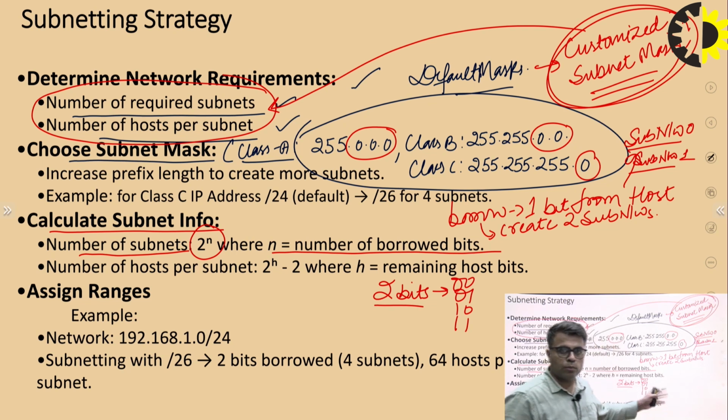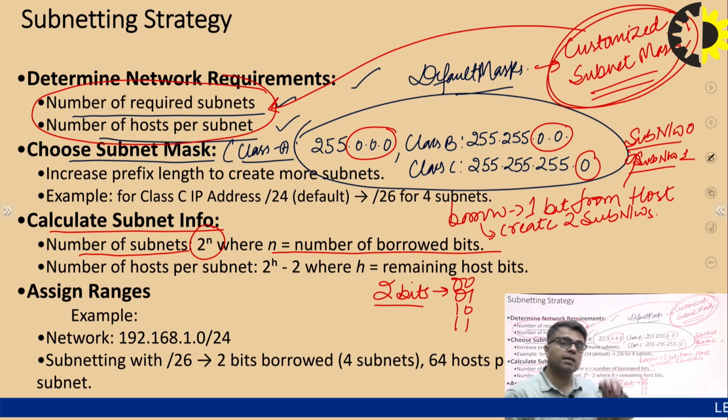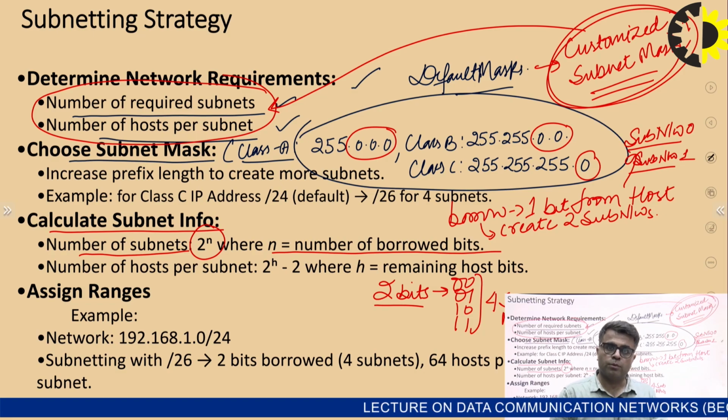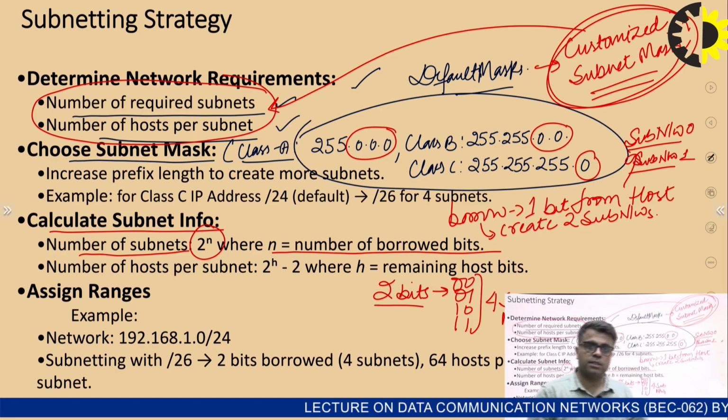These are the 4 possibilities. Then I can break the complete network into 4 subnetworks.